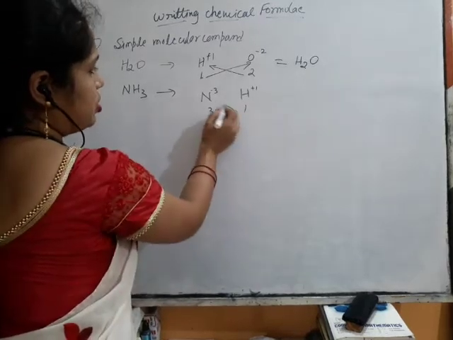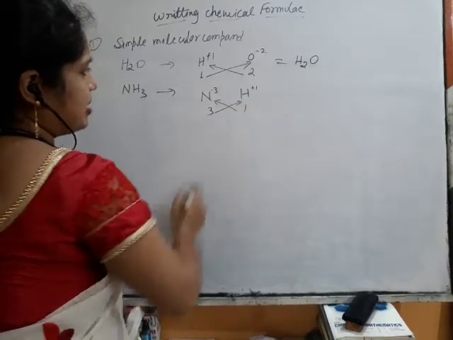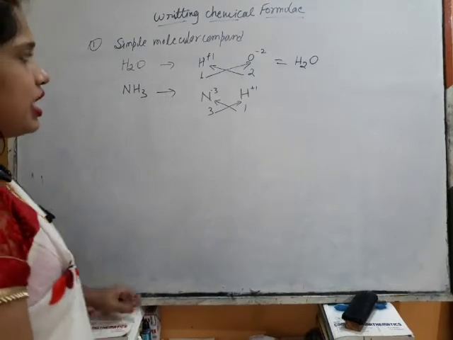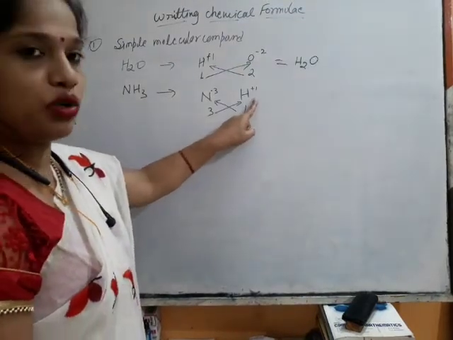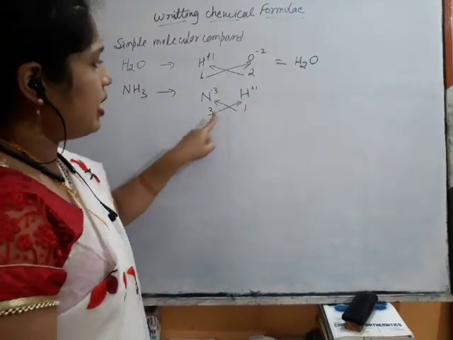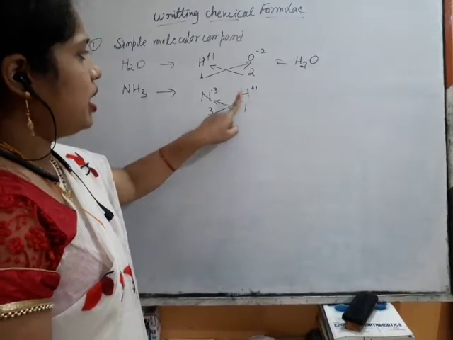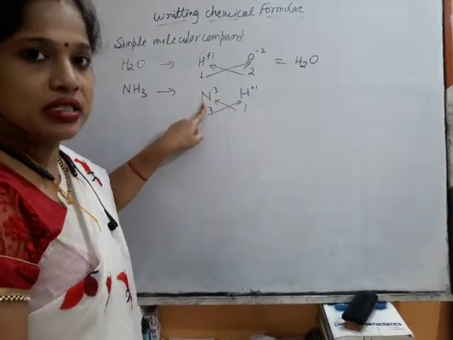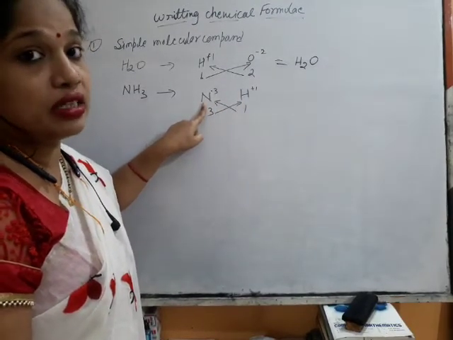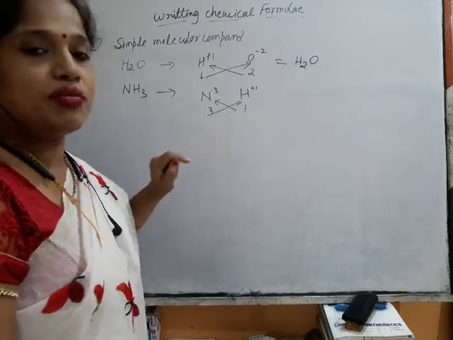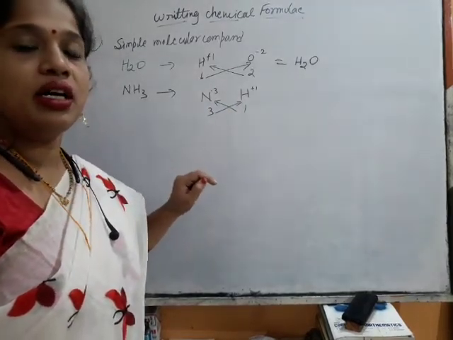So they will interchange their positions and neutralize. Can you see how they neutralize? The 3 valency of hydrogen is going to neutralize the nitrogen, which has valency 3.